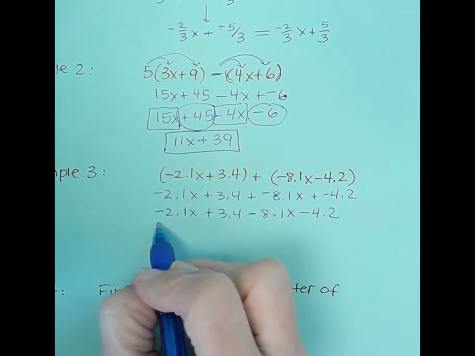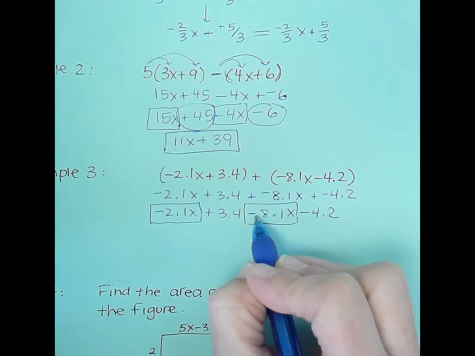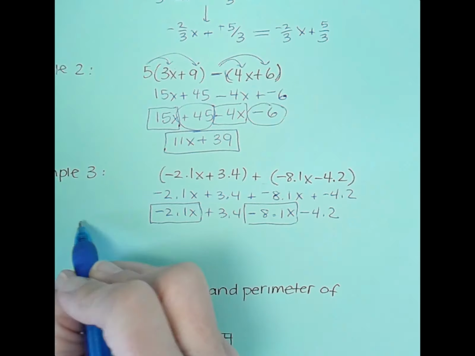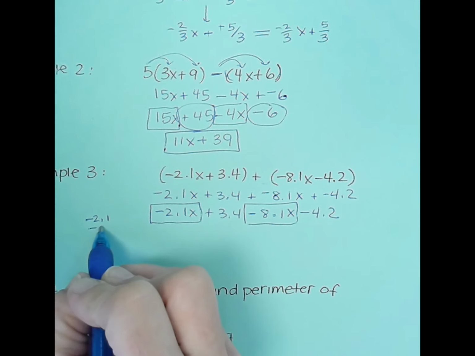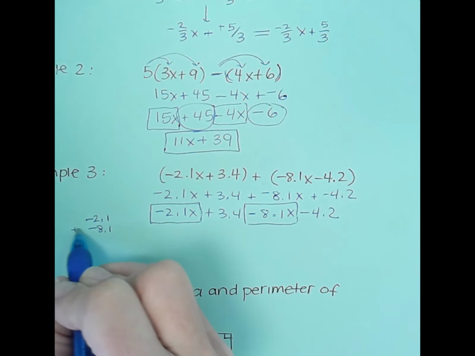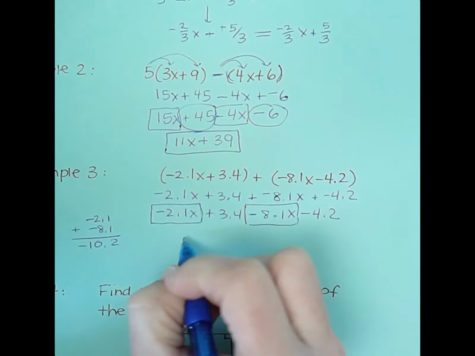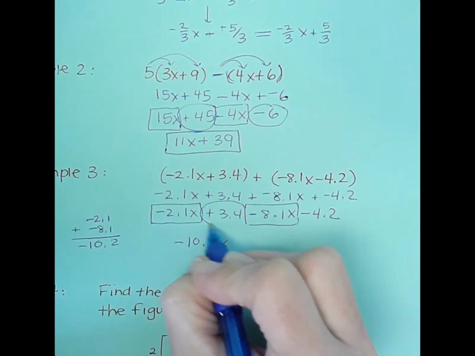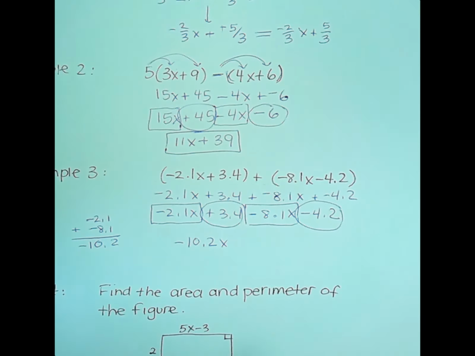Okay, let's combine our like terms. Remember the x terms, including the sign in front. Don't forget the negative. Negative 2.1 and negative 8.1. If we add those together, we get negative 10.2x, and then we have a positive 3.4 and a negative 4.2.